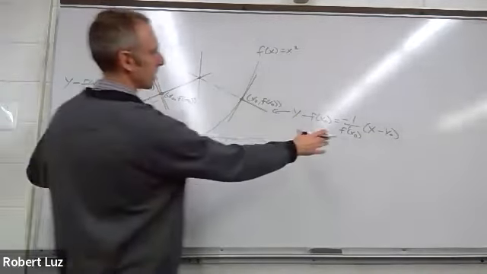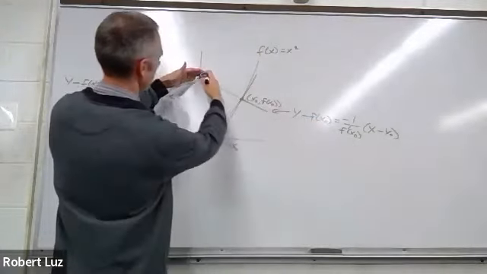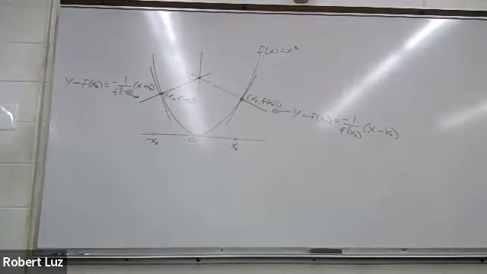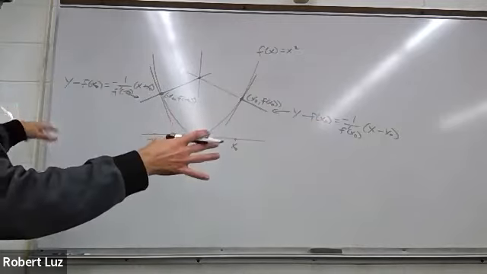So you've got this line and this line. They both intersect at this point, which you can see once you simplify everything. So that's the starting point.